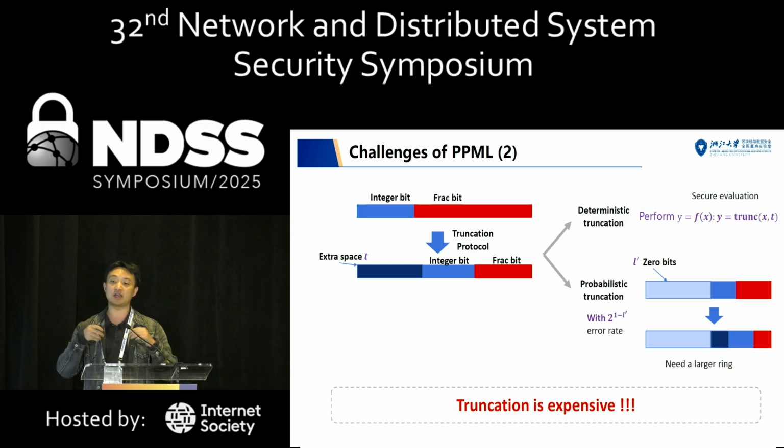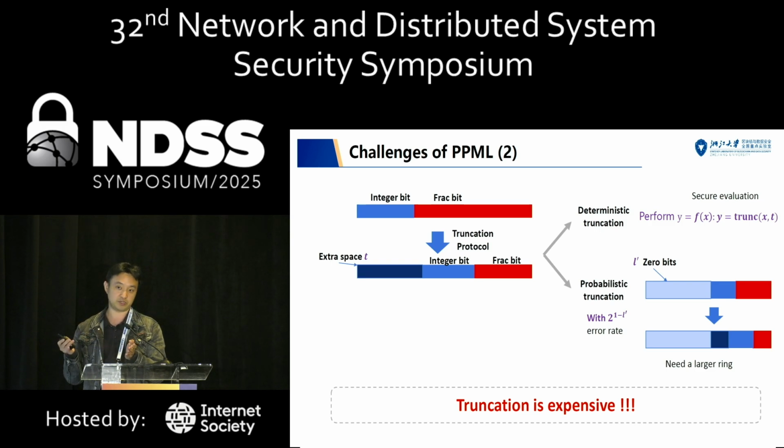Basically it means you allow a certain probability of errors. And the error rate is based on the number of zeros you put as extra space in front. If you put L prime bits of space, then the error rate is 2 to the power of 1 minus L prime. Let's say, well, in reality, it's not going to be big.